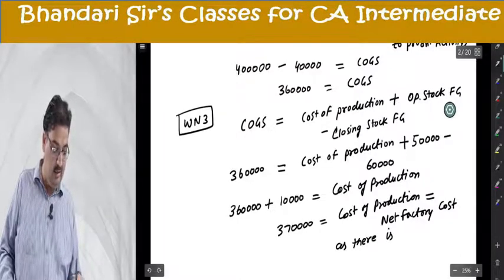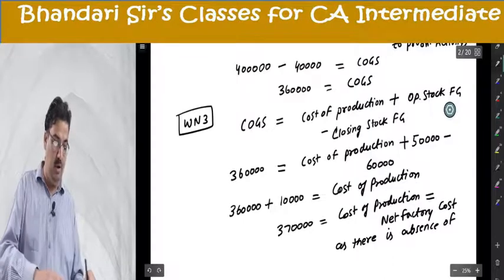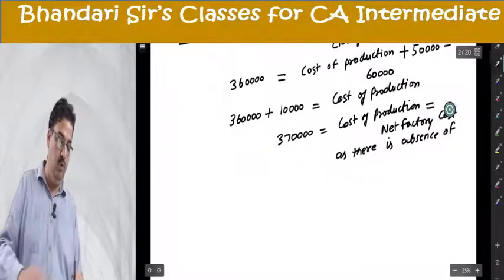As there is absence of, you can write those 4 items here.